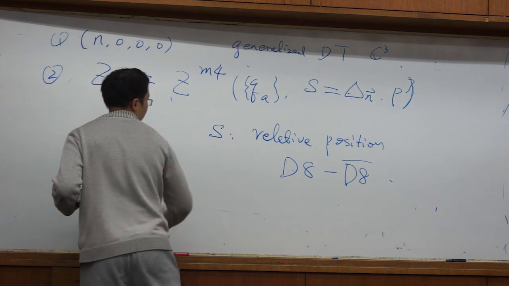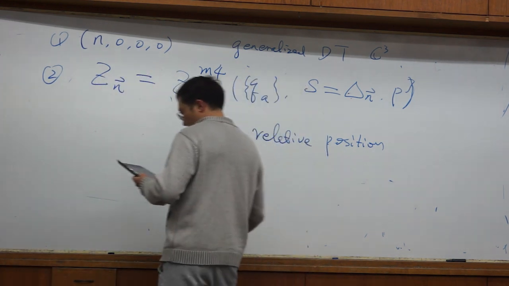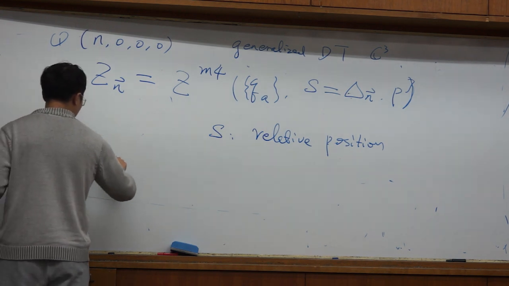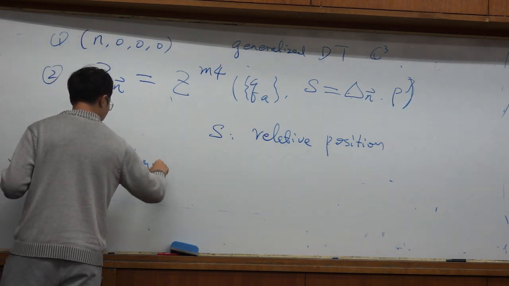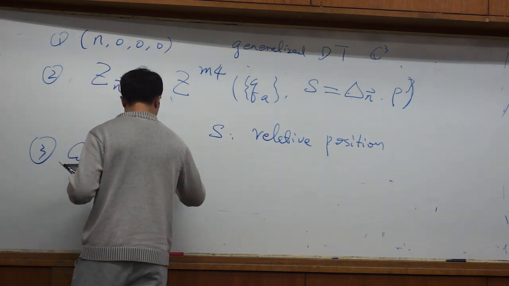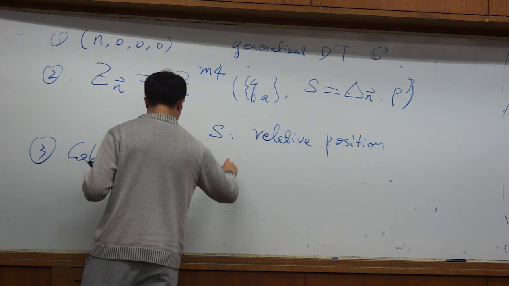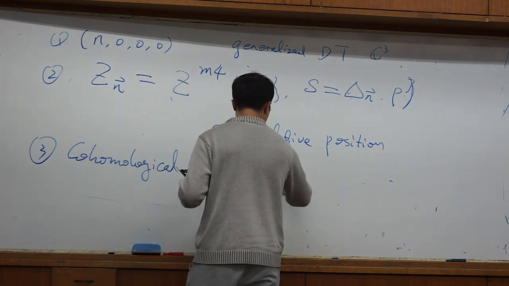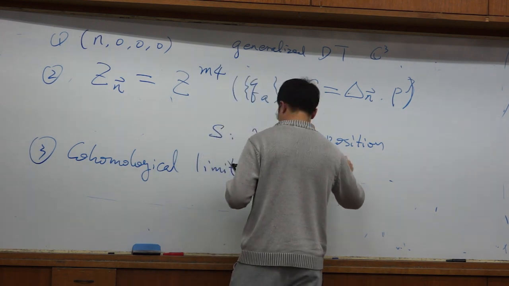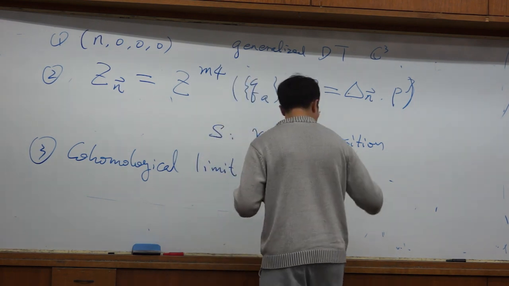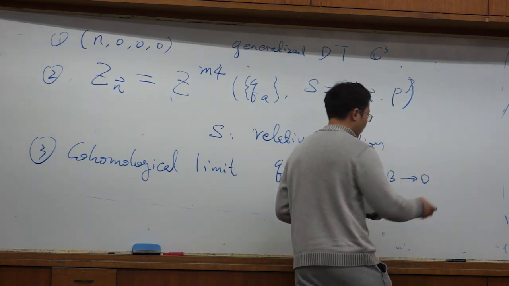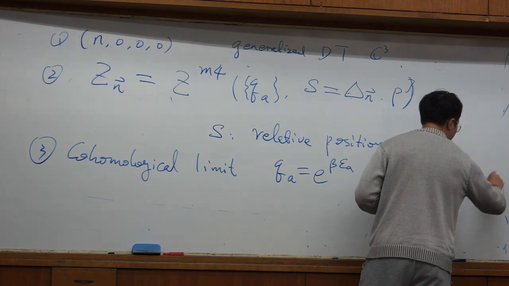And in the end, we can also take the cohomological limit, which is parameterizing each qi as e to the beta epsilon a, and taking the limit beta goes to 0, and keeping epsilon a and p fixed.